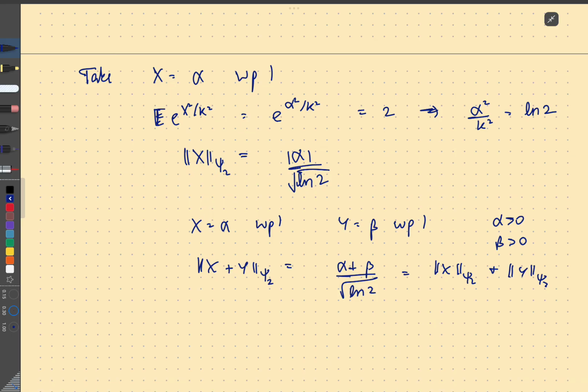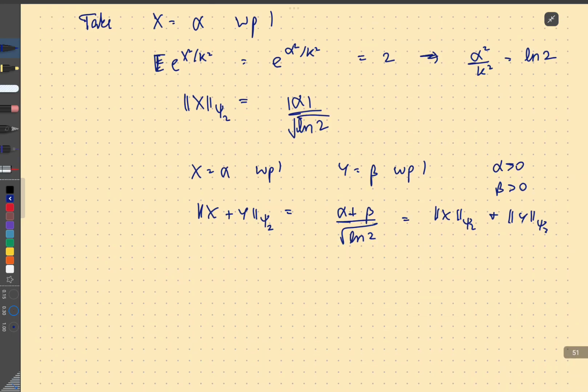Right? Now, more generally, let's suppose that x is some arbitrary Subgaussian random variable and y is equal to x with probability 1.